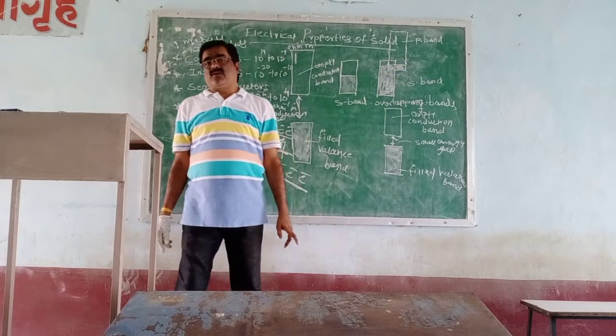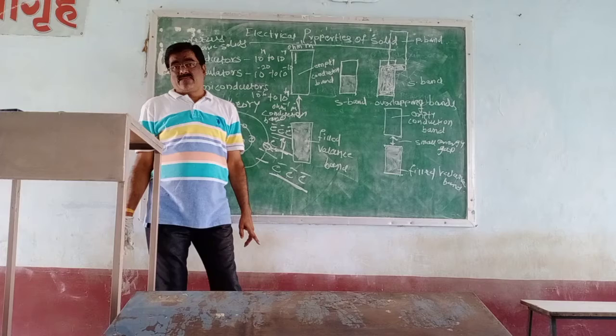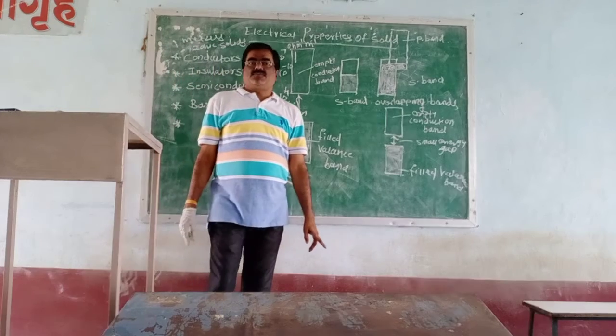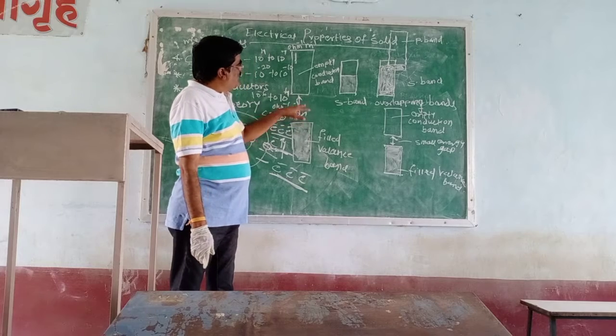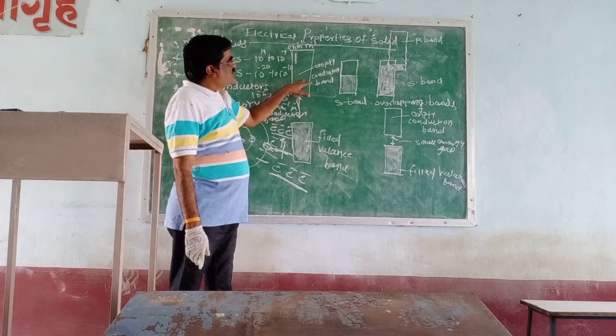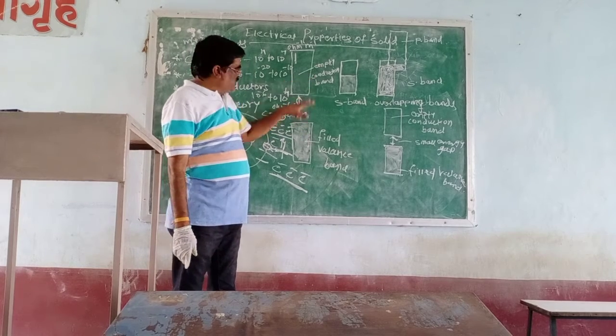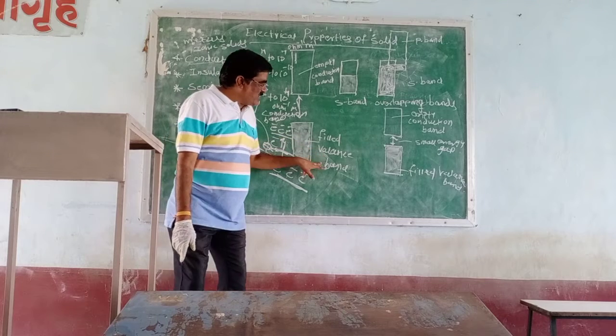But in case of the non-metals, it is not possible because there is the large gap here. This is the large, this empty conduction band. म्हणजे हा filled valence band.